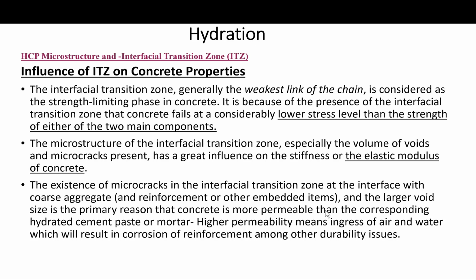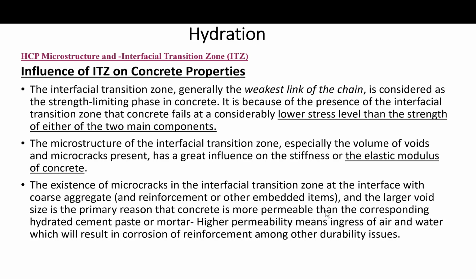So basically, knowing the inherent weaknesses and characteristics of this zone, we can do things to mitigate the risks involved by ensuring good consolidation, and maybe preventing segregation or minimizing it.